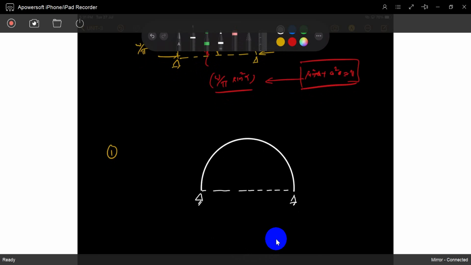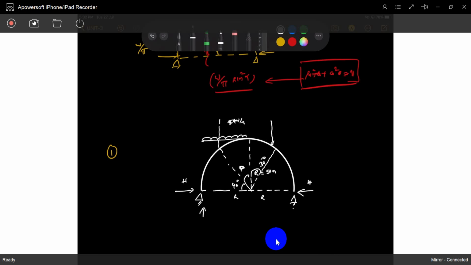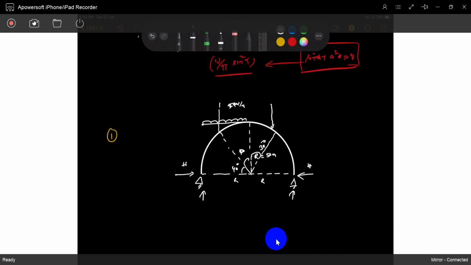If I give a problem, say r is 50 meters, some 20 meters, 5 kilonewton per meter, and I apply a load at 30 degrees, and another load at 40 degrees, like this I give different loading. Can you find the horizontal thrust? You can find the horizontal thrust with the help of the formula.